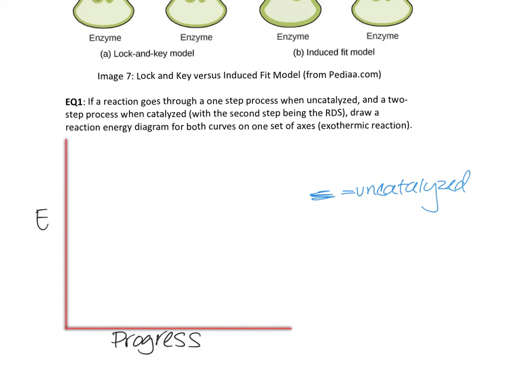Right, the uncatalyzed reaction is a one-step process, and no matter if you have a catalyzed reaction or uncatalyzed, they both will either be endothermic or exothermic. So this tells you that the overall reaction is exothermic. So it may look like this, with the reactants here, the products here, and this is our EA.